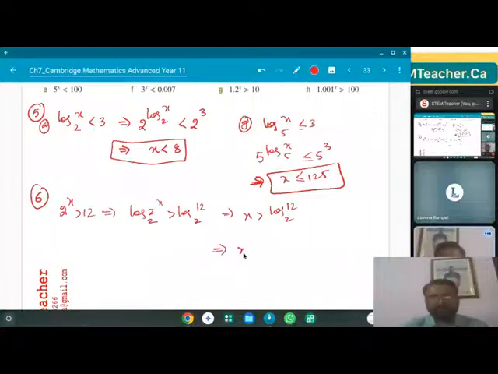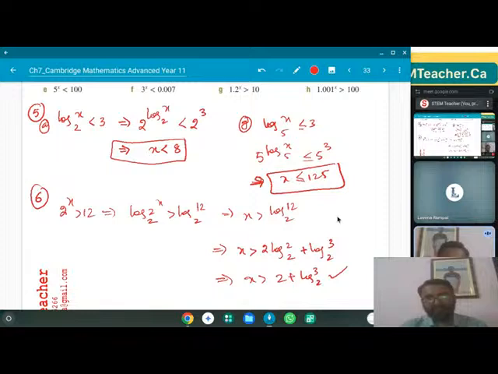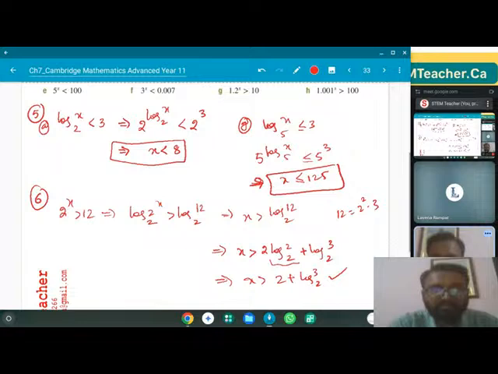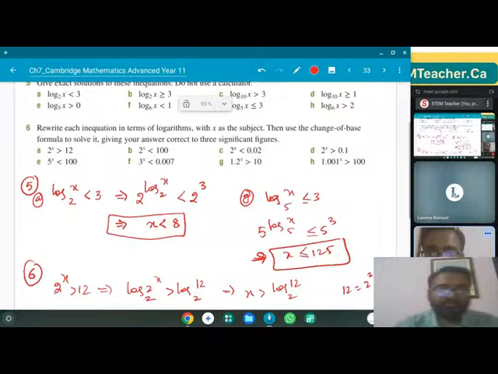So x is greater than 2 log 2 base 2 plus log 3 base 2. Is it clear? Because 12 equals 2 squared into 3. Log 2 base 2 is 1. Therefore it is 2 plus log 3 base 2. Therefore x must be greater than this. Is it clear? Similarly, the rest of the values you can get easily.